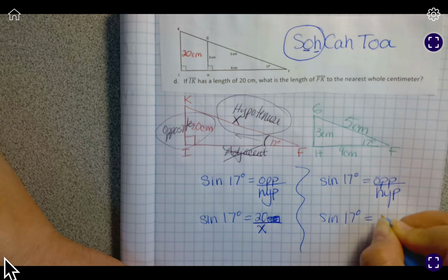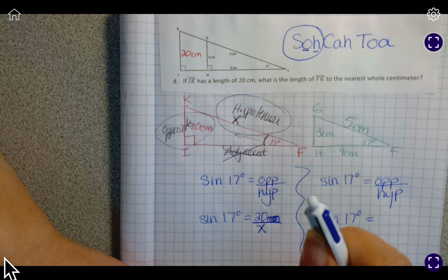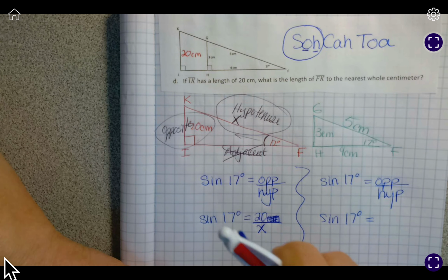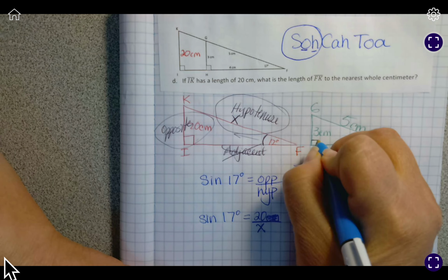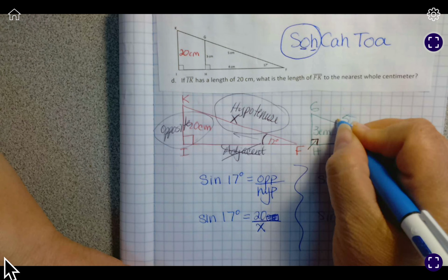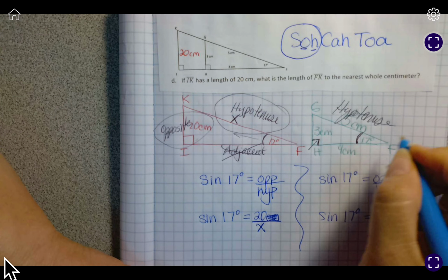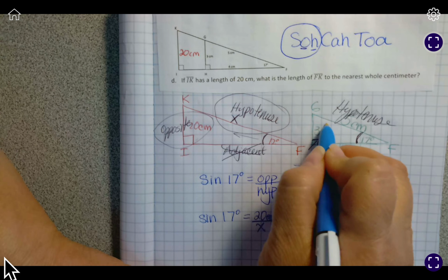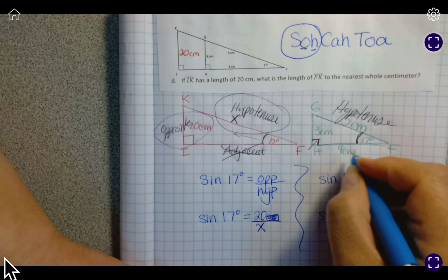So let's label here what we have. Here's my angle. This is my 90-degree angle. So across from the 90-degree angle is the hypotenuse. And then one side of my angle is hypotenuse, the other side is adjacent. So this is adjacent.